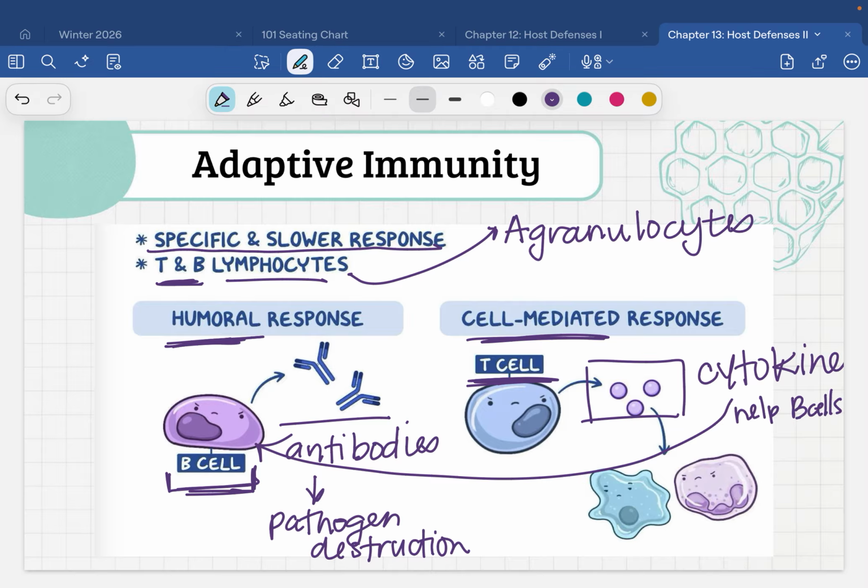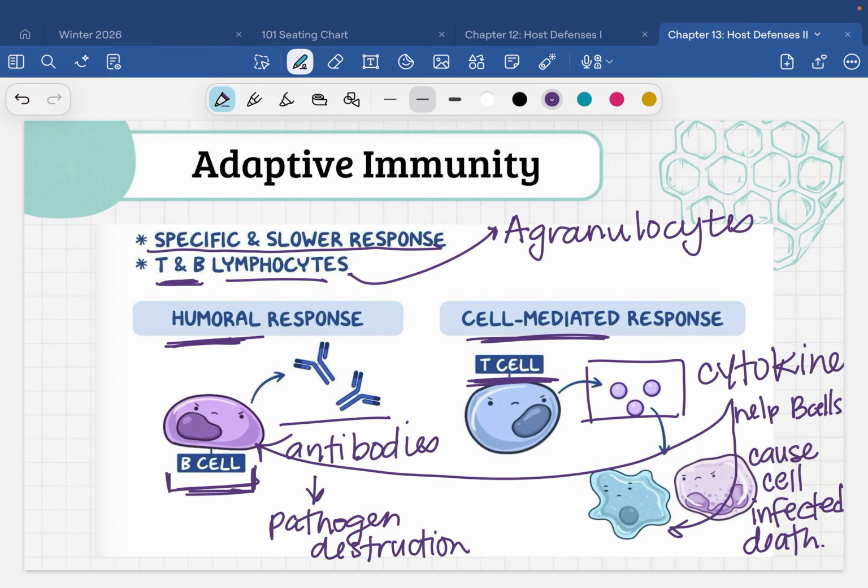Okay, so those cytokines that the T cells release are going to help B cells. That's a big part of what they do. So they affect the humoral side of this response as well. But these cytokines are also going to cause death of cells that are infected.